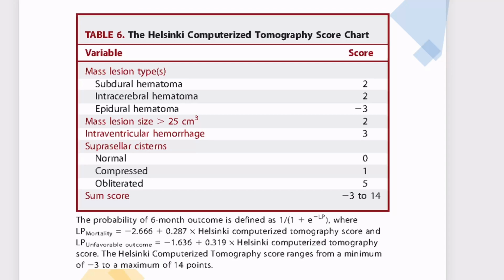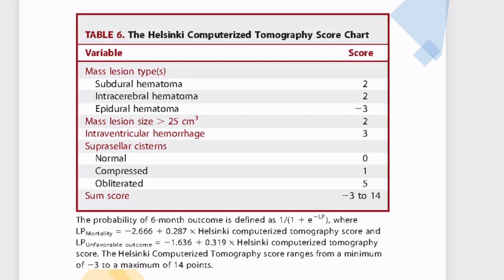The mass lesion is divided into 3 categories: subdural, intracerebral, and epidural hematoma. Each is given 2, except epidural, which is given -3. A mass lesion more than 25 cubic centimeters is given a score of 2, and the presence of intraventricular hemorrhage is given 3.